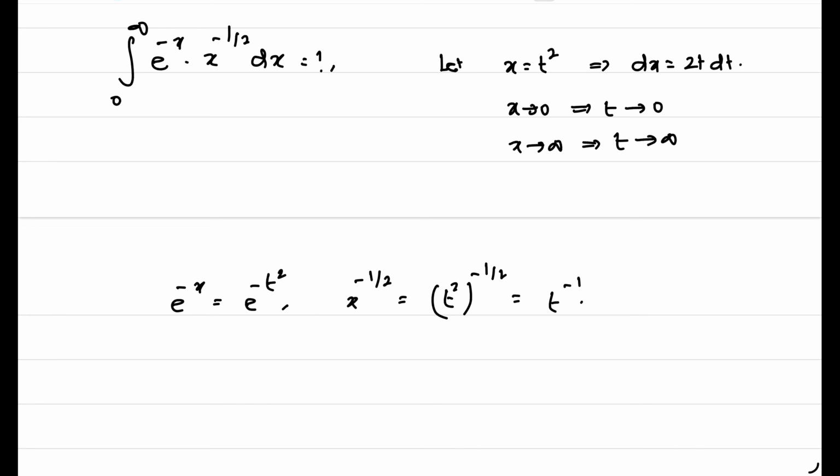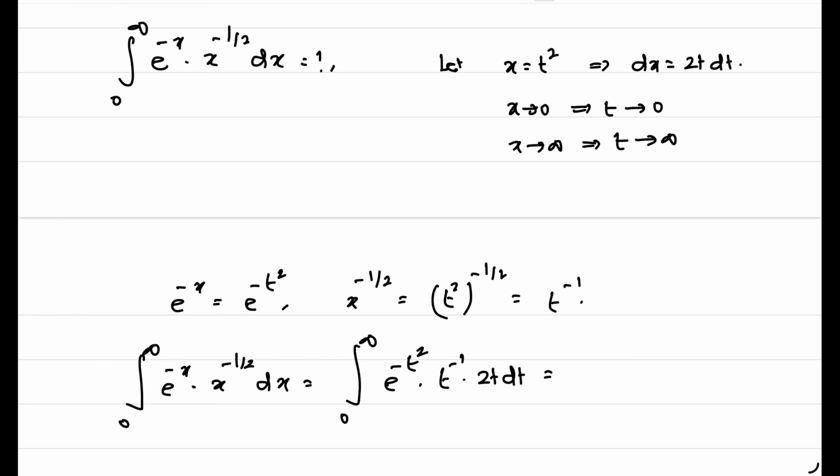Now let us substitute these values in the original integration. 0 to infinity e to the power of minus x, x to the power of minus half dx is equal to, limits will be same, 0 to infinity, e to the power of minus t square, t to the power of minus 1, into 2t dt.